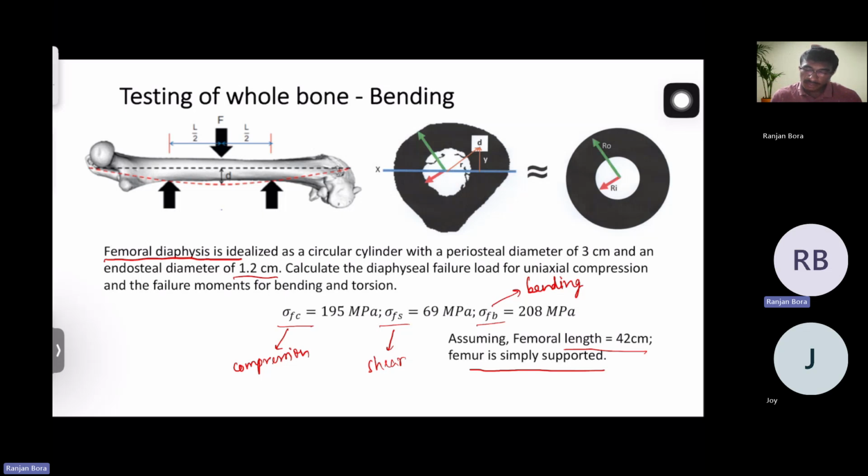Here the periosteal diameter means the outer diameter, and the endosteal diameter means the inner diameter.